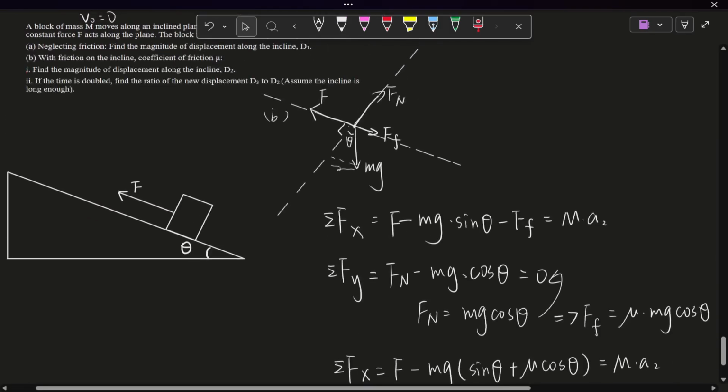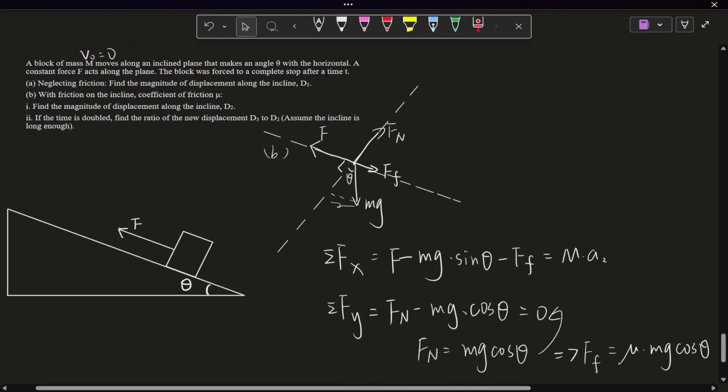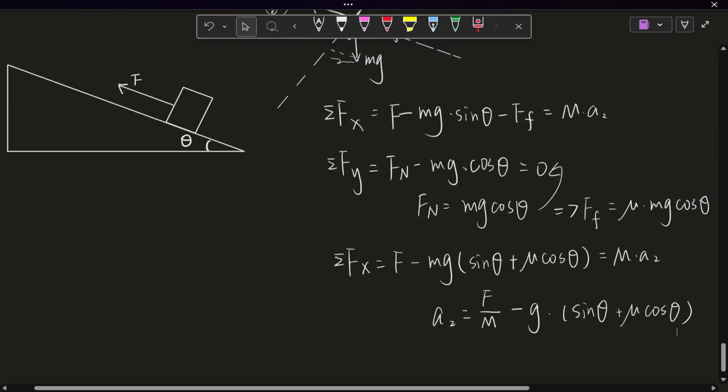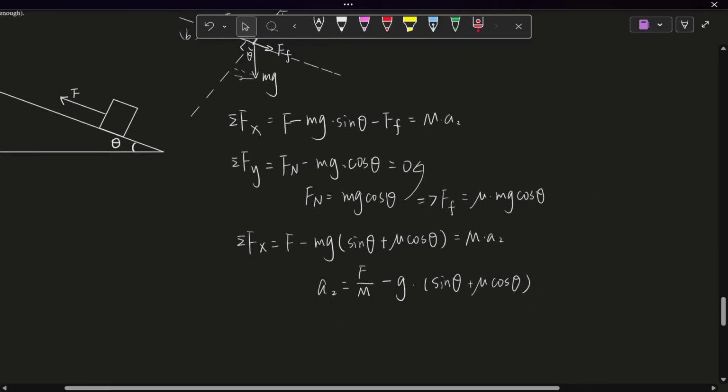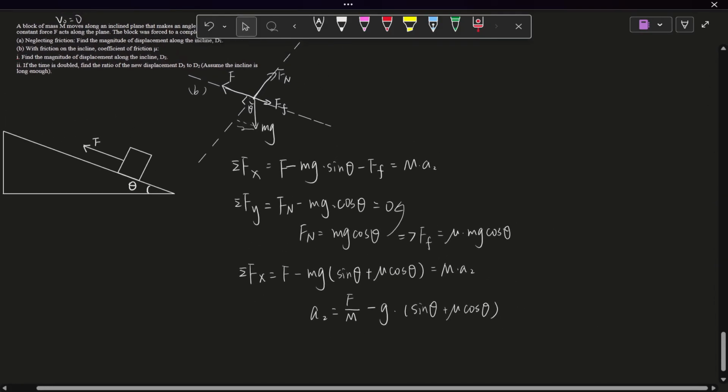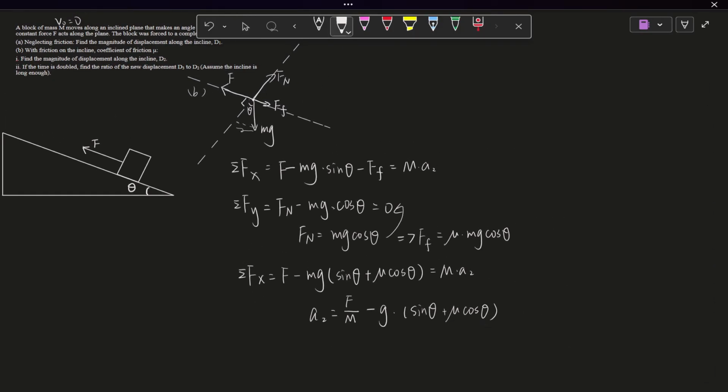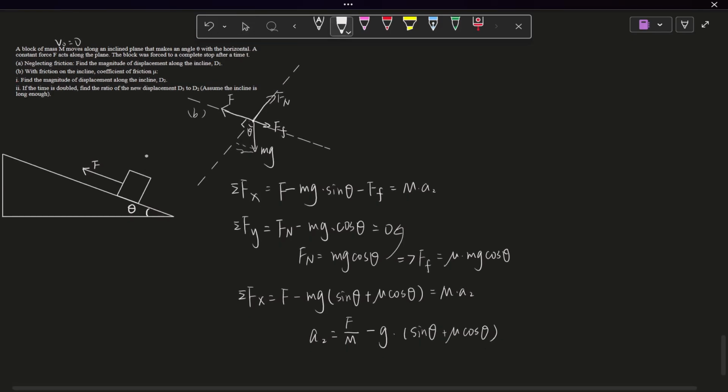What is the question asking you? Oh, it is asking for the displacement along the incline, d2. So we can still use our kinematic equation. d2 will be equal to v naught t plus half a t squared. v naught is equal to 0, right? So d2 is simply equal to half a t squared.